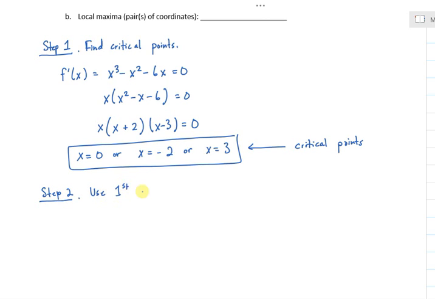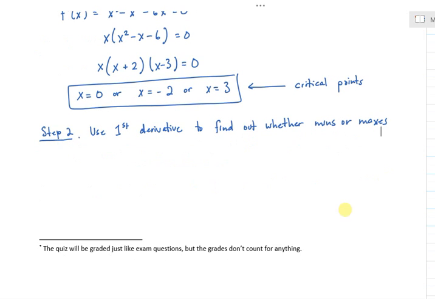I'm going to use some more information about my first derivative to find out whether these are minimums or maximums. I'm going to do it like this. I'm going to put my numbers on a number line. And I'm going to just test some values of the derivative in here.